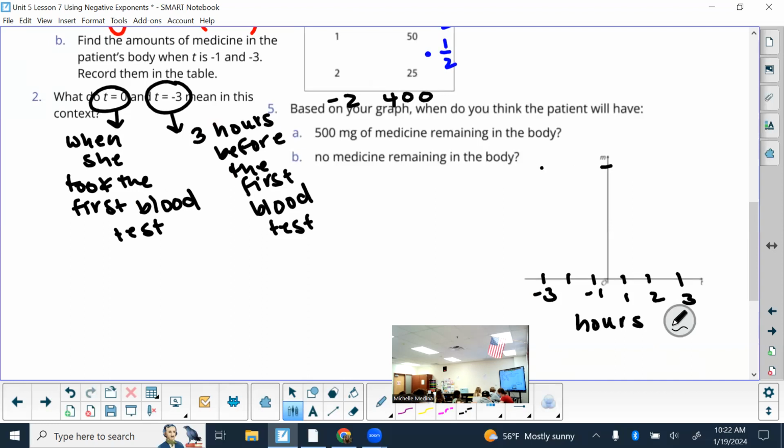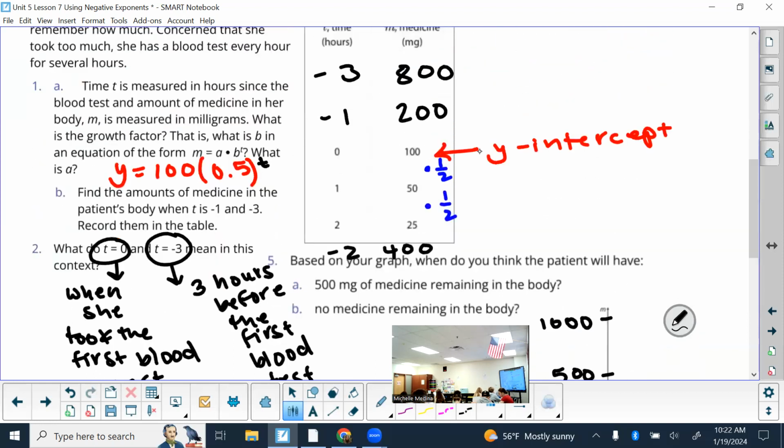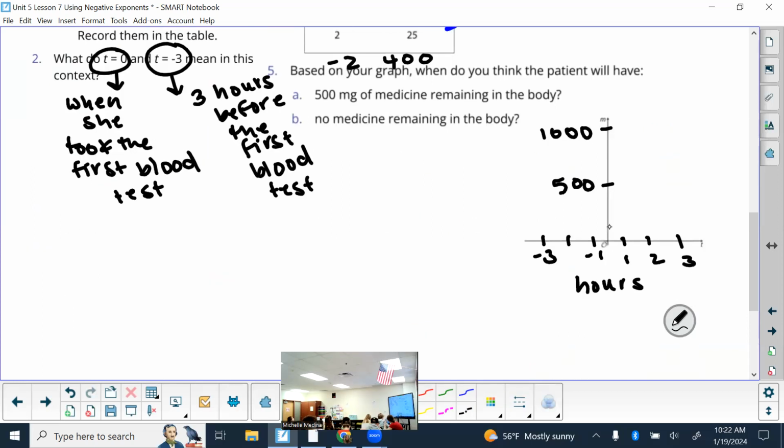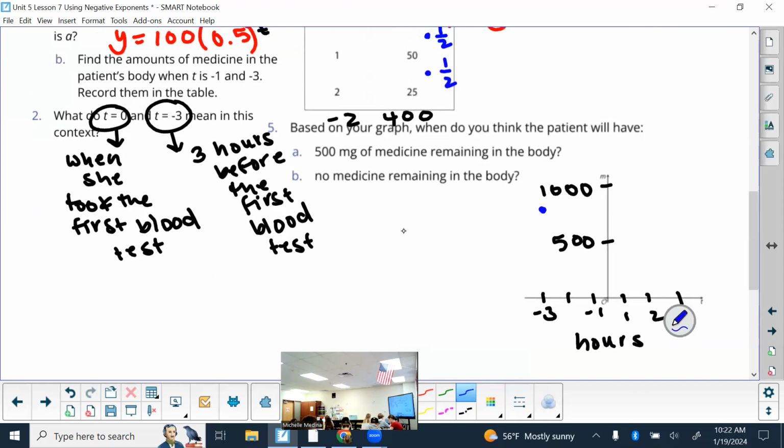It's such a small graph, so I'll just do by 500s and we'll just put it where it would approximately be. And you can use a calculator for that I mentioned, but we also have the table of values too. So when t is -3, it would be at the 800, which would probably be around there. We're just going to estimate it.